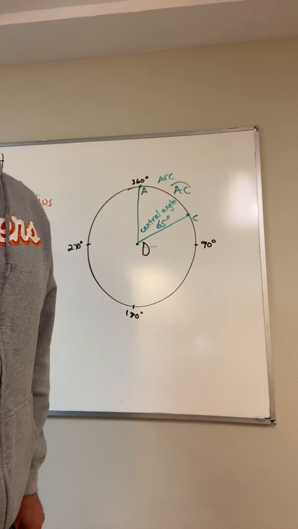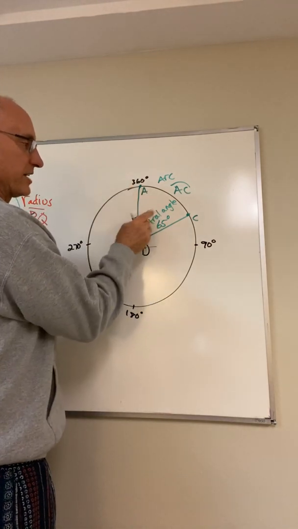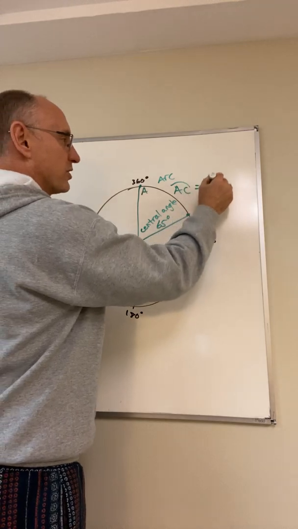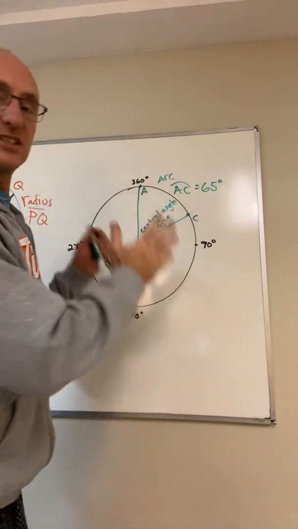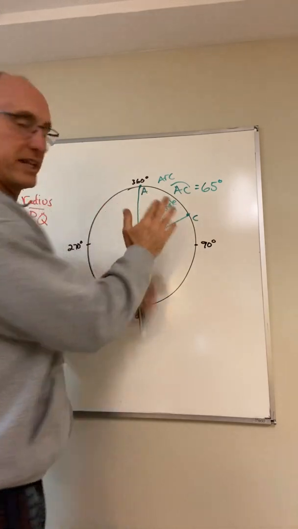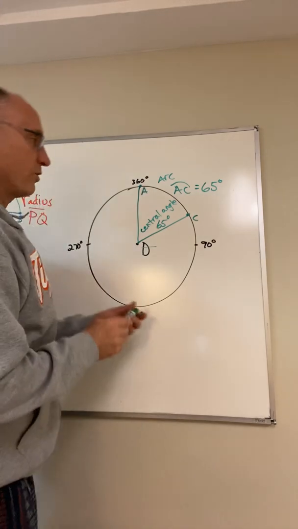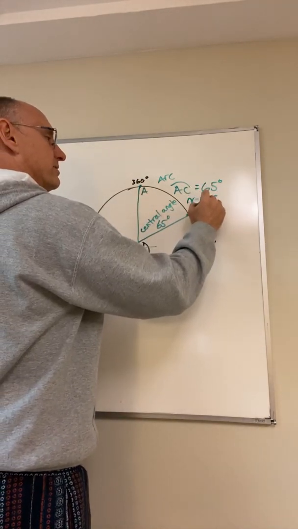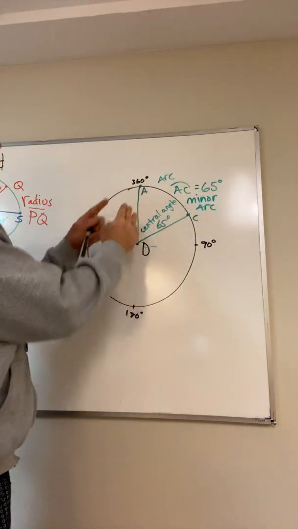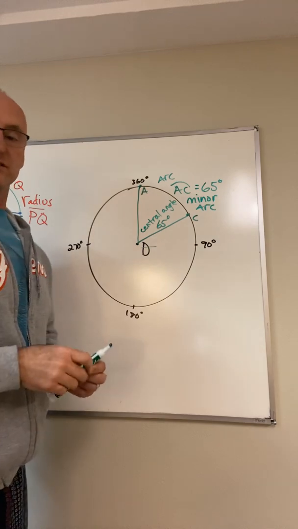If the measure of this central angle is 65 degrees, then so is the measure of the arc that's attached to it. And if this is a small arc, meaning it's less than 180 degrees, we call that a minor arc. So a minor arc has a small degree angle with the vertex at the center.